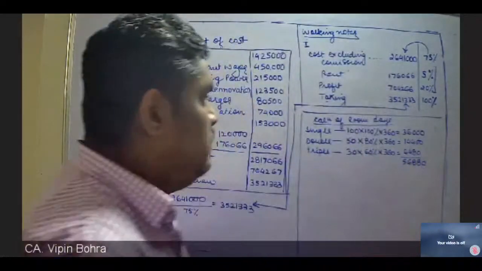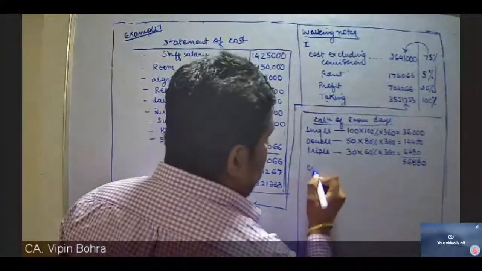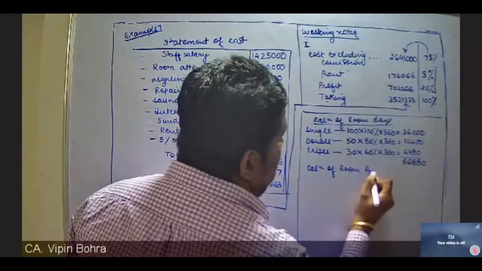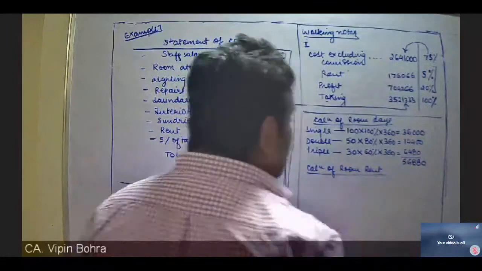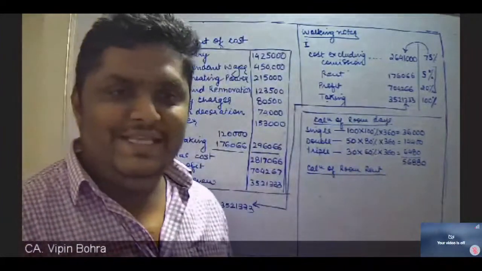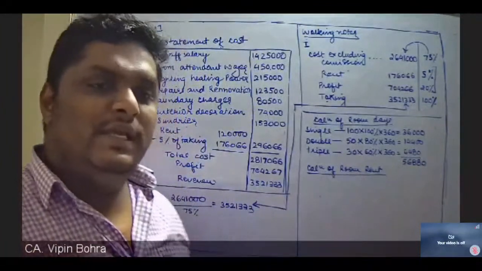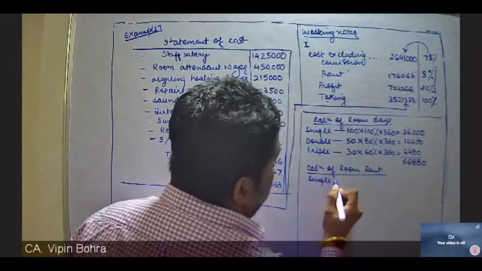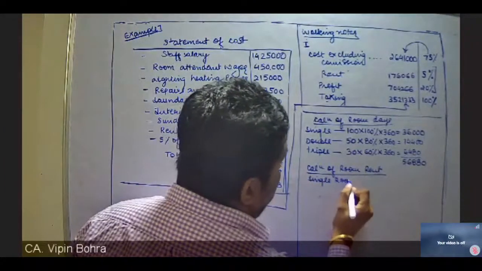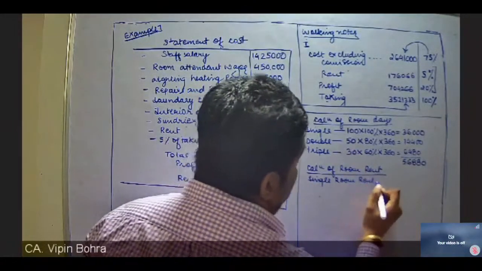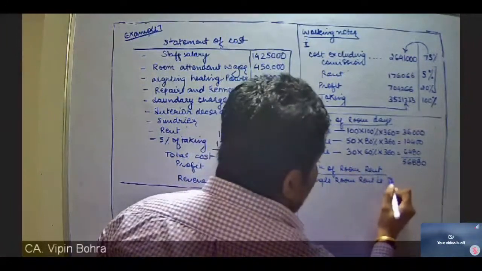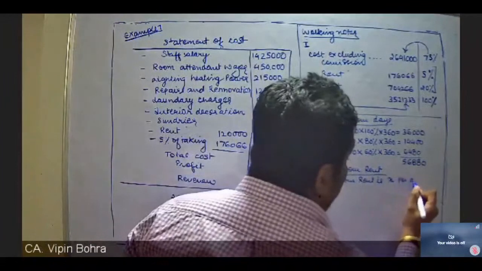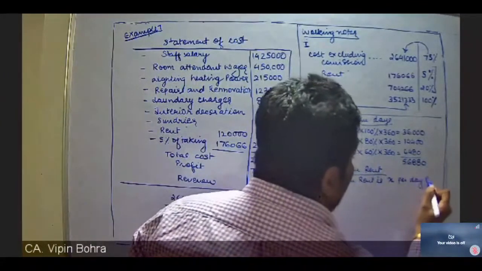Now calculation of room rent. Let's say the rent of a single room is X per day per room.